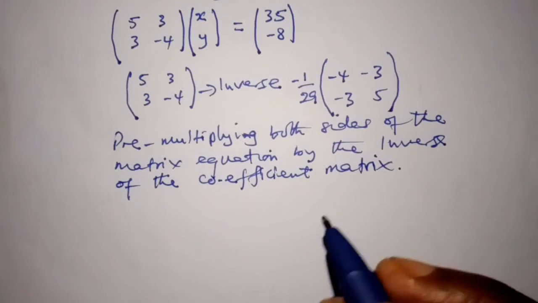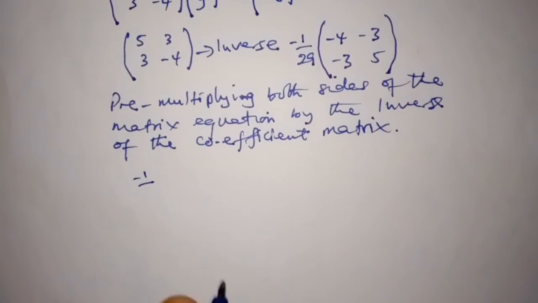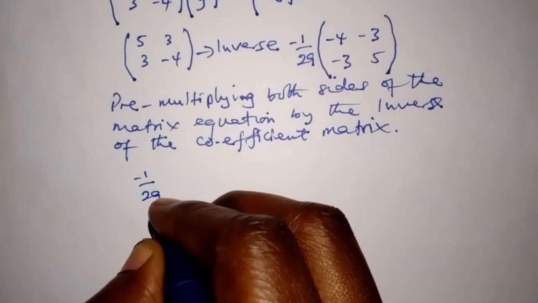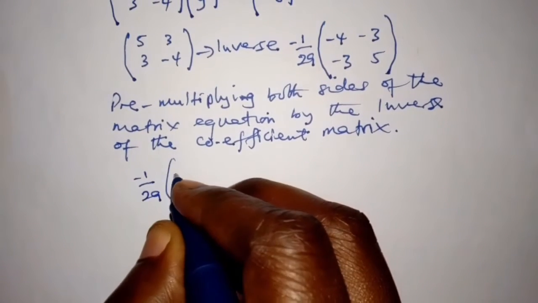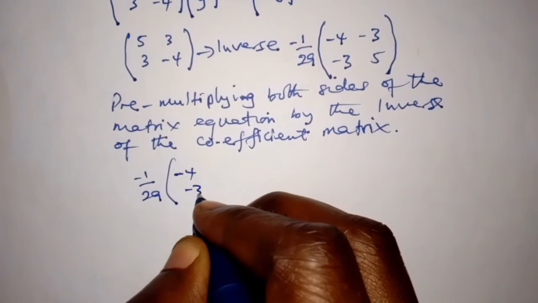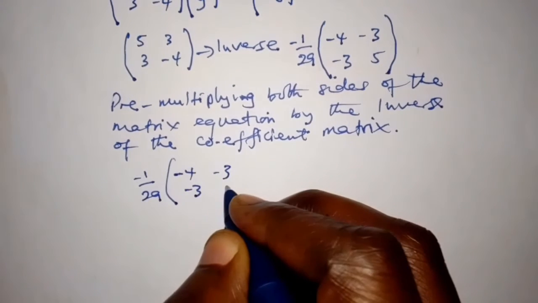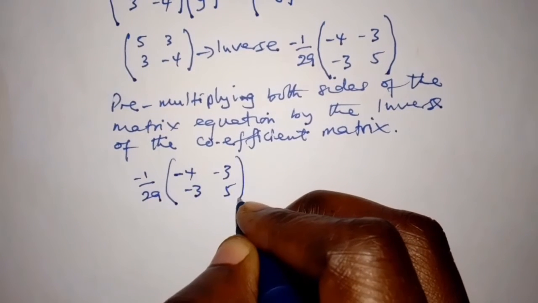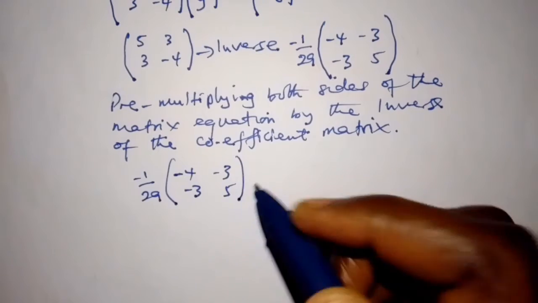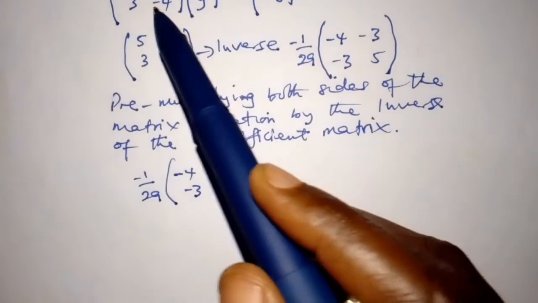So what we do is we multiply negative 1 over 29, negative 4, negative 3, negative 3, 5, by the coefficient matrix here.